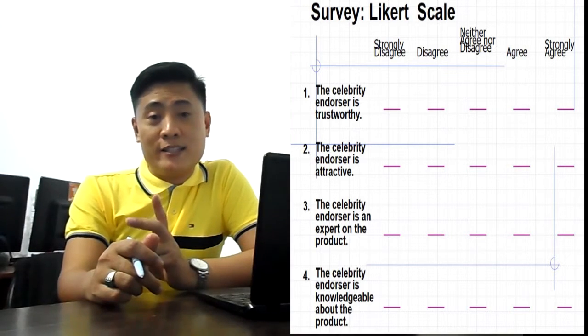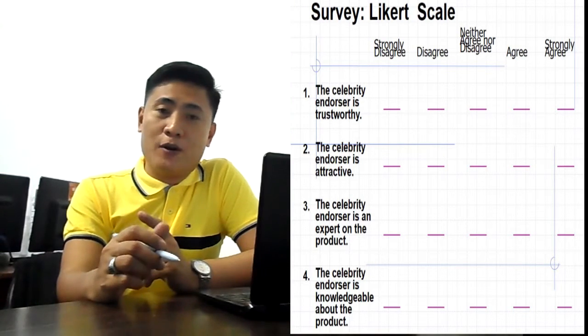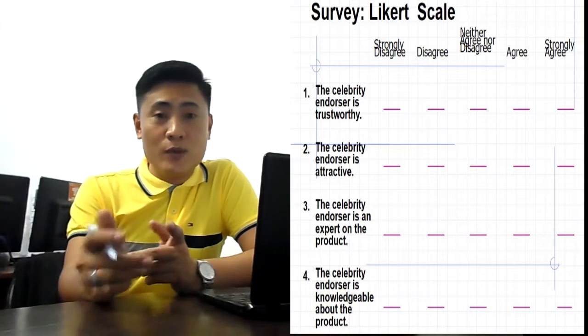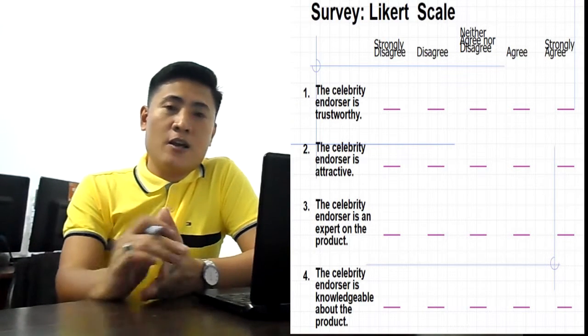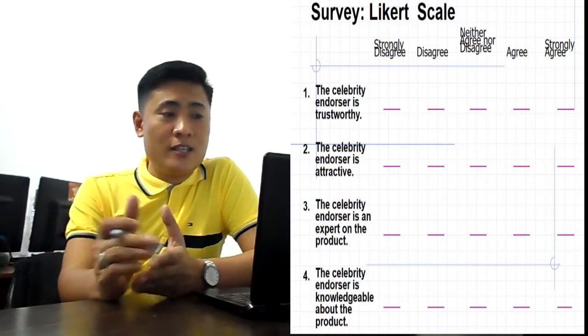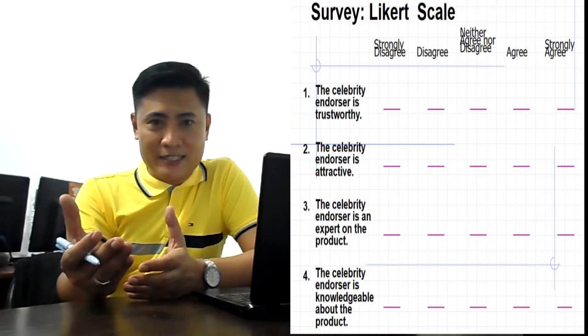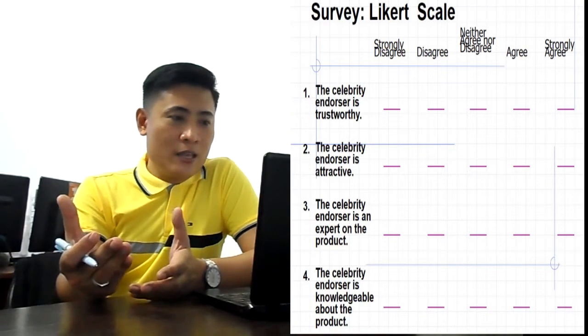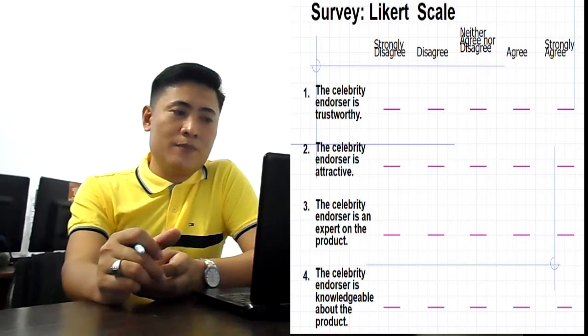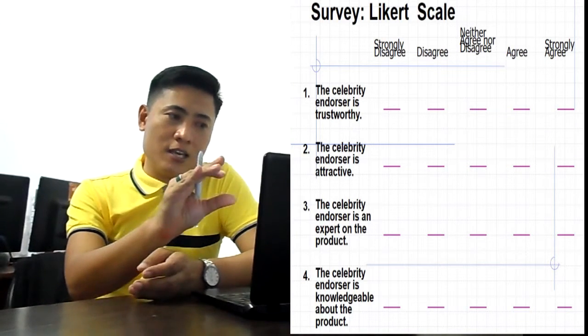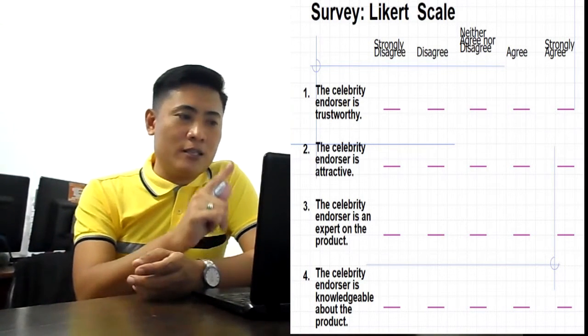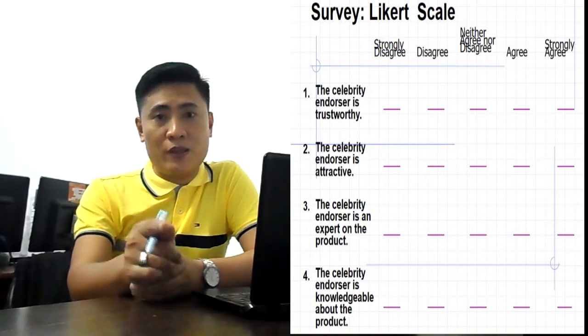The second commonly used type of tool or test in doing research, especially in action research, is the Likert scale type of test. For this time, let's have this example. As you can see, for example, item number 1, the celebrity endorser is trustworthy.